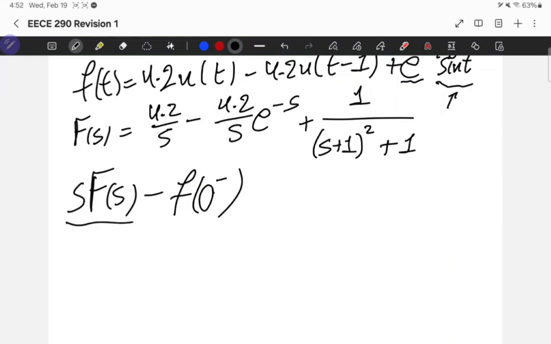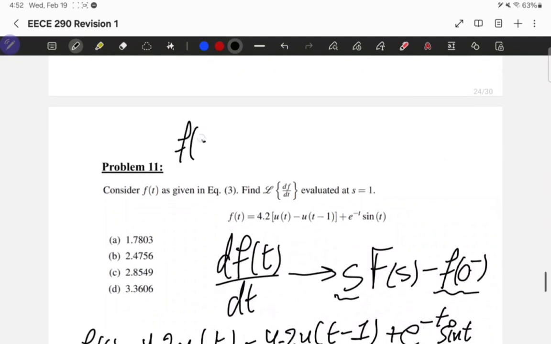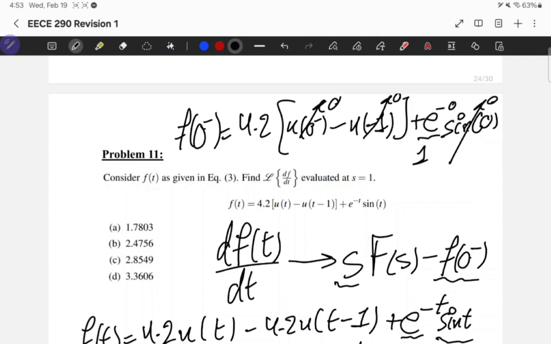I get this. Fine. F at 0 minus, let's evaluate it. F at 0 minus is equal to 4.2, minus the unit step function at 0 minus, which is 0. It's not activated yet. It's before 0, it's not activated. Minus u of minus 1, this is also 0. Plus exponential minus 0, so 1, times sine 0. So again, all of this is 0.